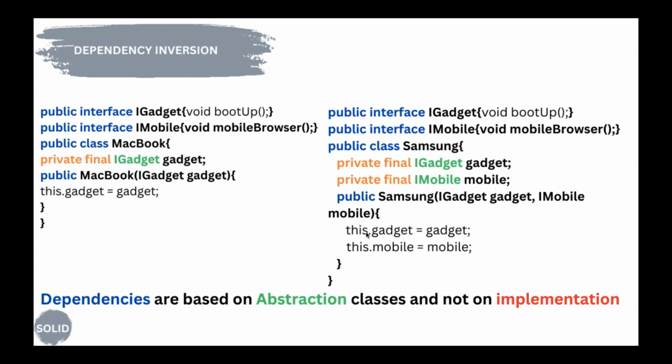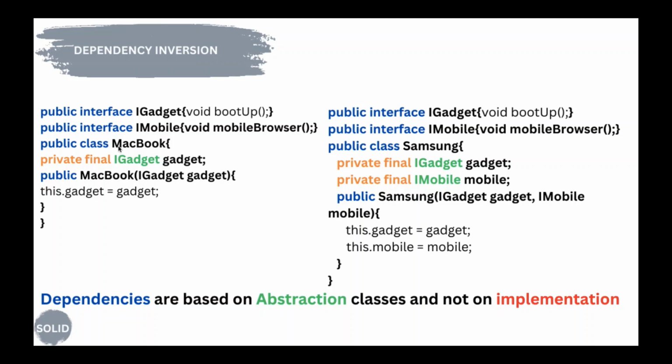And because we are passing in a new gadget, we won't be having any issues when it comes to booting up our gadget, starting it up, shutting it down, and all those types of things. Because we're depending on an abstraction, we can boot up any type of gadget.